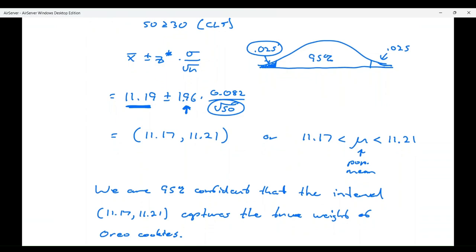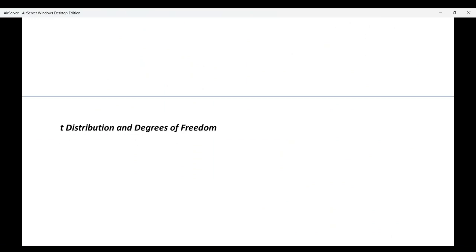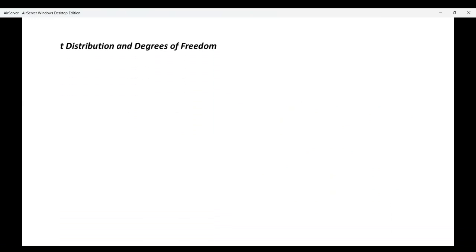And so what I want to do is transition now and talk more about this idea of t, because t is going to play a part in a lot of what we do throughout this lesson. As I mentioned, when we find a confidence interval, knowing the population standard deviation or not makes a difference.